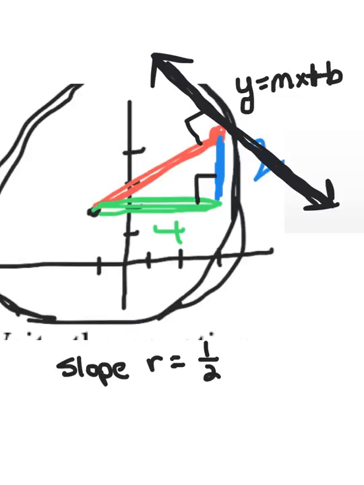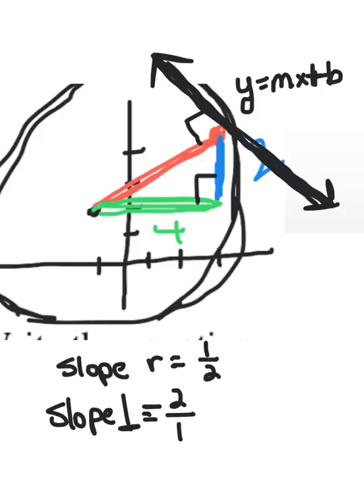So what is the opposite reciprocal of 1/2? Well, that would be negative, opposite sign, so negative 2 over 1, reciprocal. So the slope for the perpendicular line, and I'm just going to write perpendicular here, is negative 2.